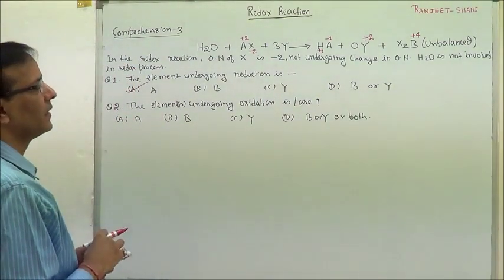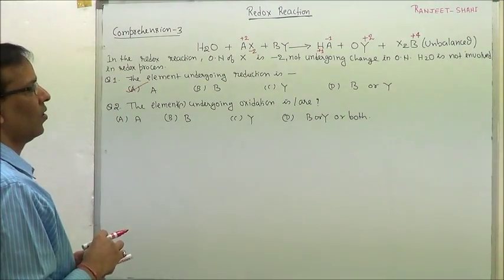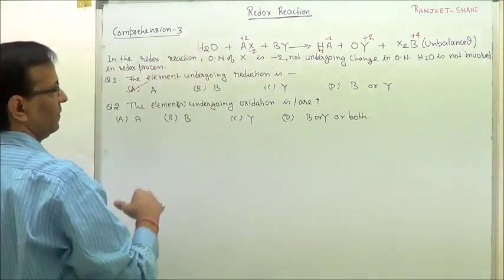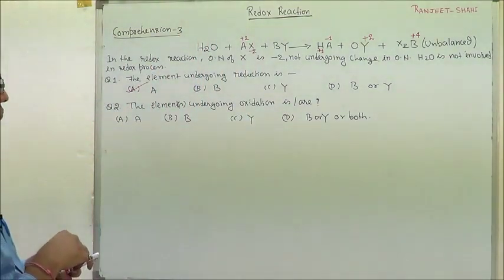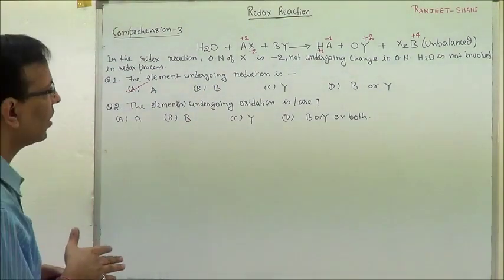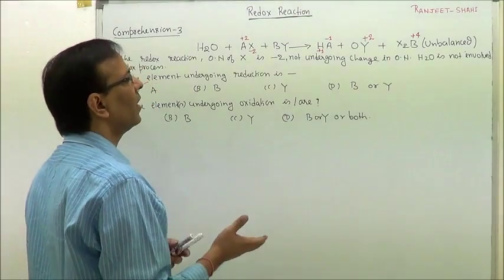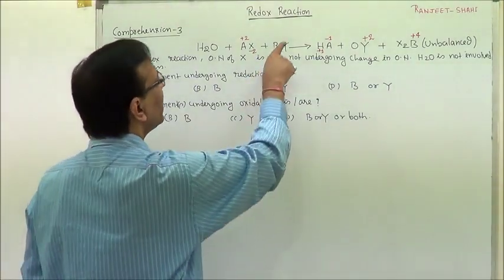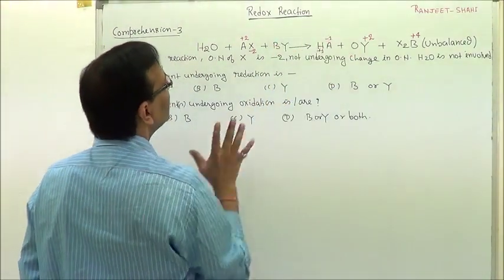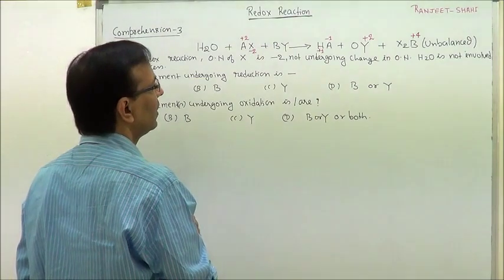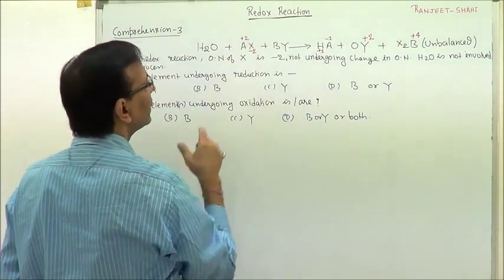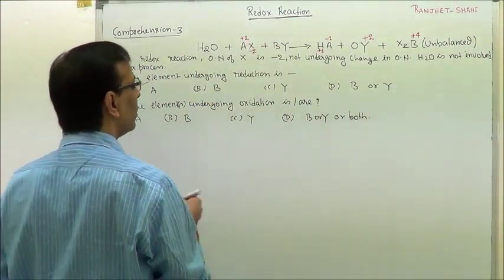On left side we have B and Y here, and if we assume, say, Y is not undergoing any change, then we can have oxidation number of Y plus 2 on both sides.